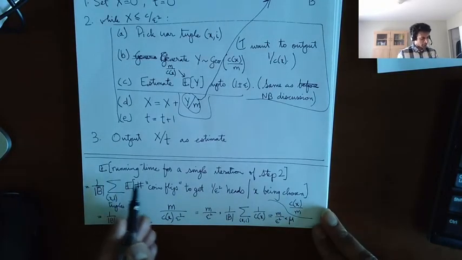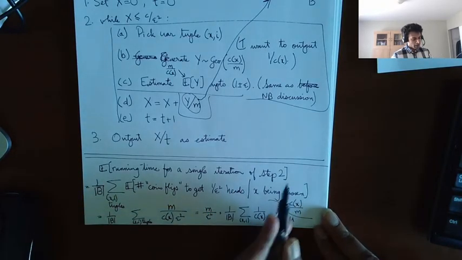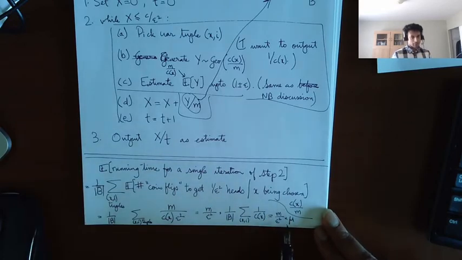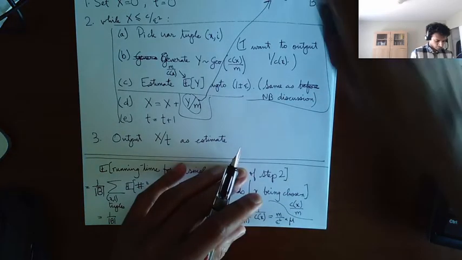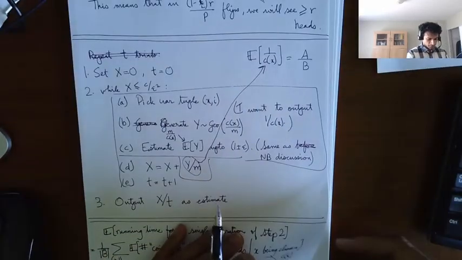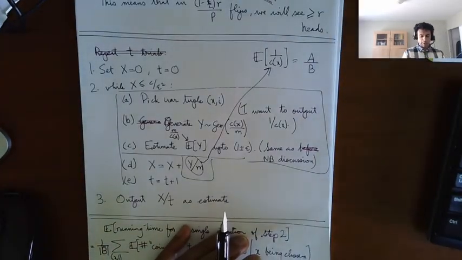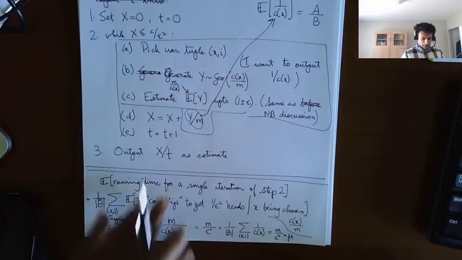So the expected running time for a single iteration is this much. Okay? The expected running time for a single iteration is that.